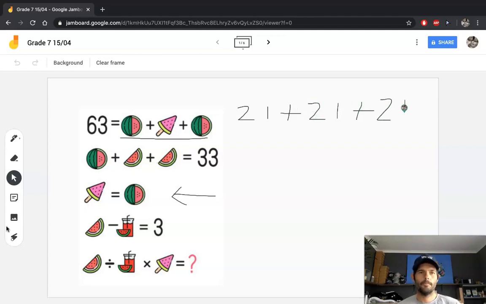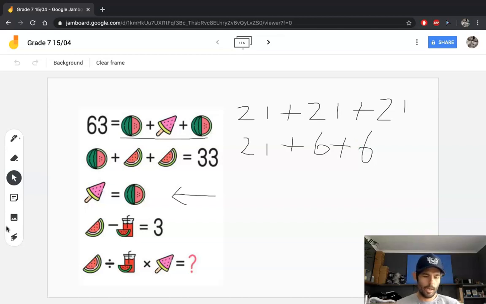Now I have 21 and I need to get to 33, so there's 12 missing there, so I need to add 6 and add 6, and that's going to give me the 33.